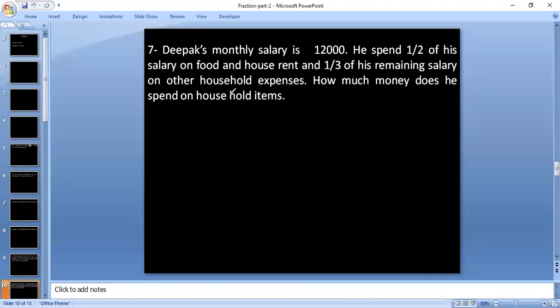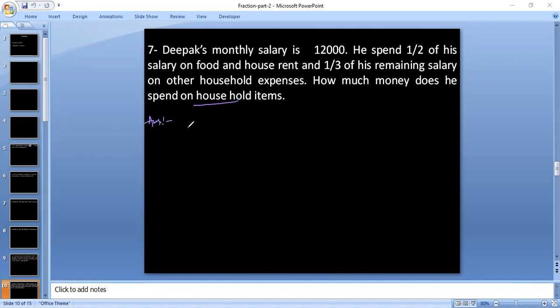Deepak's monthly salary is 12,000 rupees. He spent one half of his salary on food and house rent, and one third of his remaining salary on other household expenses. How much money does he spend on household items? So you present it like this, it is very simple.